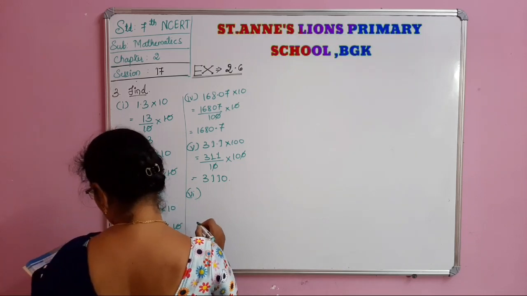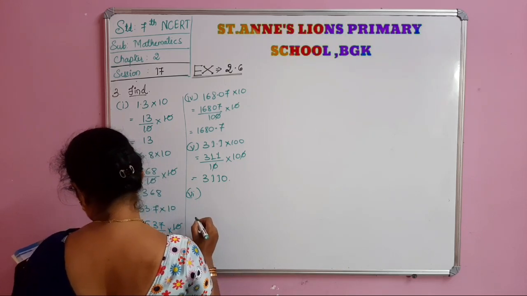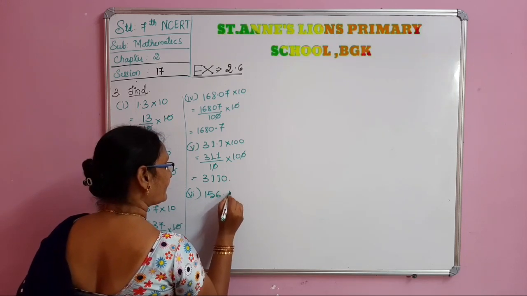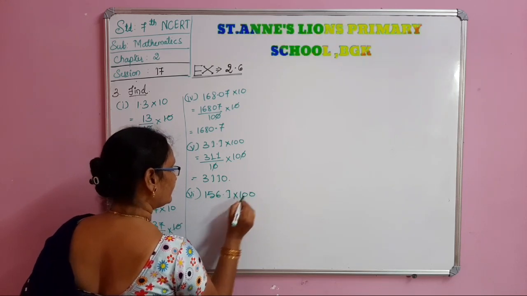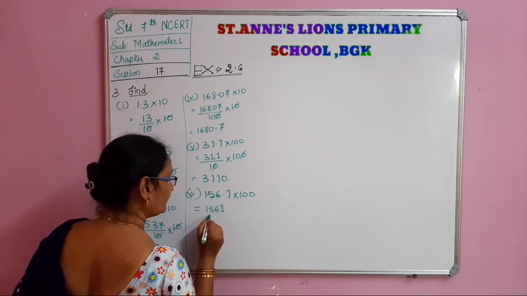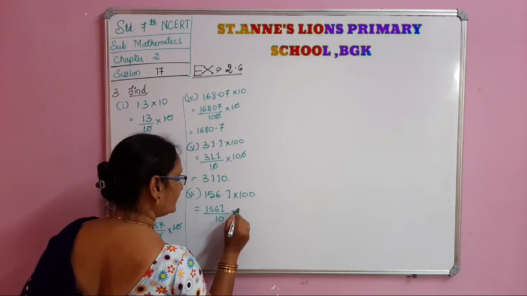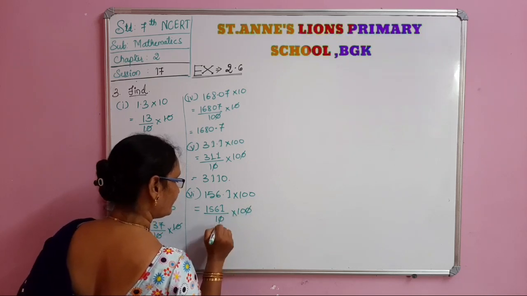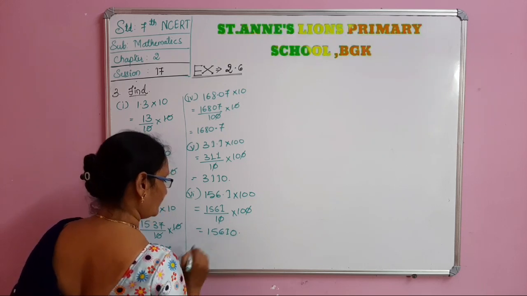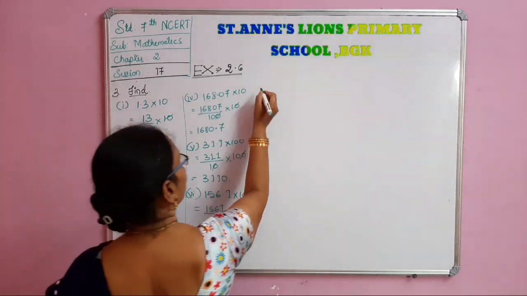Next, sixth one, 156.1 into 100. So that is 1561 by 10 into 100. So 15610 is the answer.